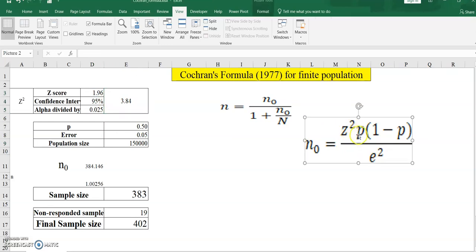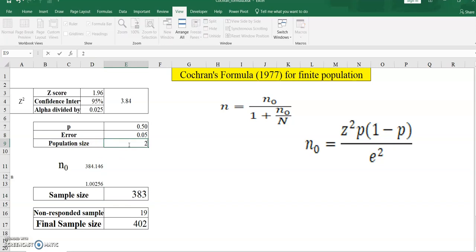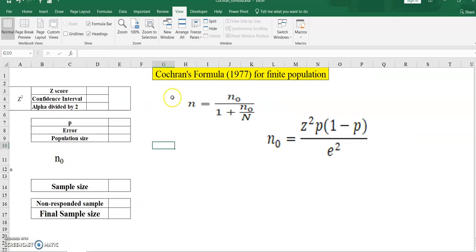P means the estimated proportion of the population. Then the error term, then the population size. So here the e square. Now here is n0, and here the sample size. If your population size is 25,000, then your sample size would be 378. So now let's check in Excel how to calculate it.